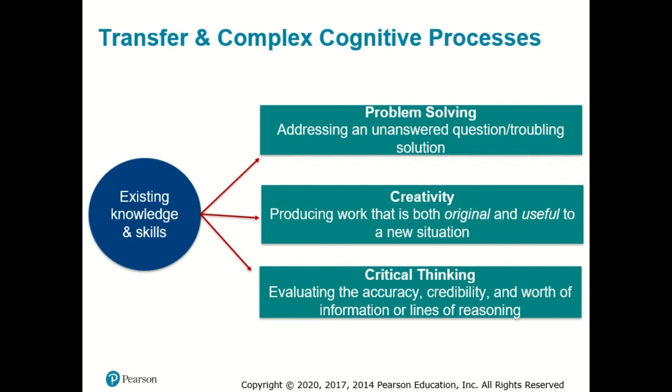Creativity can be defined as producing work that is both original and useful to a new situation. Critical thinking, which we will be learning in another session, is closely related to evaluating the accuracy, credibility, and worth of information or lines of reasoning. So, again, problem solving, creativity, and critical thinking involve applying previously learned knowledge or skills to a new situation.